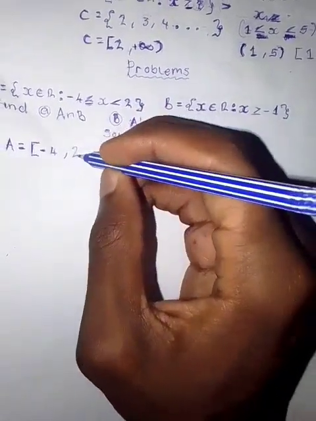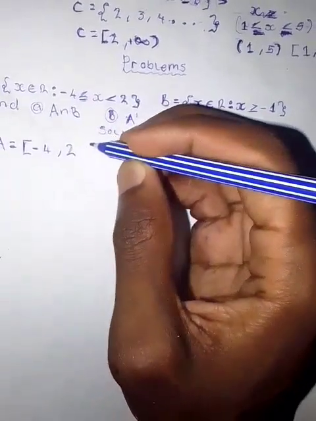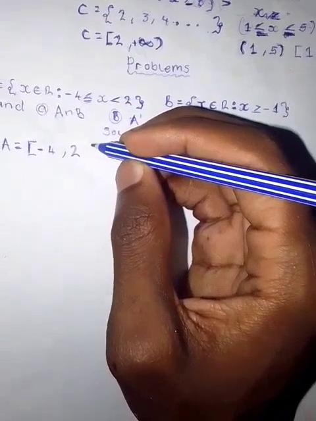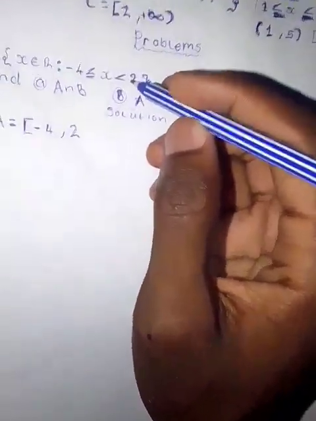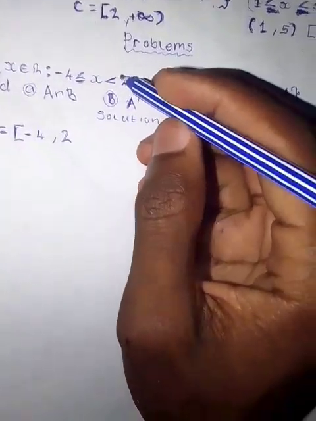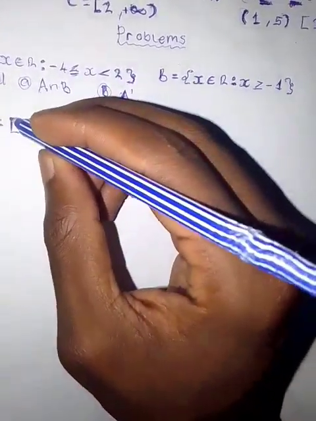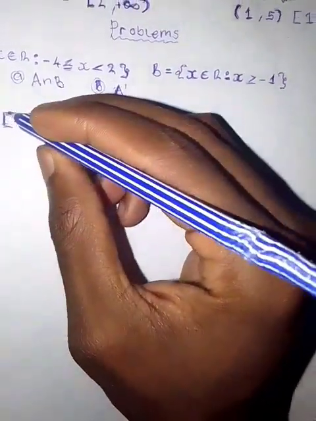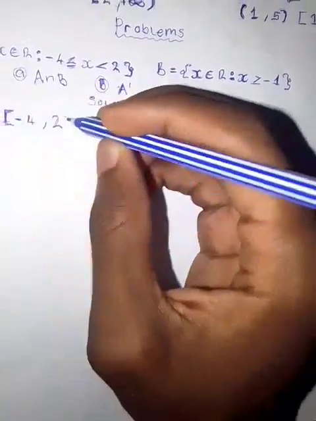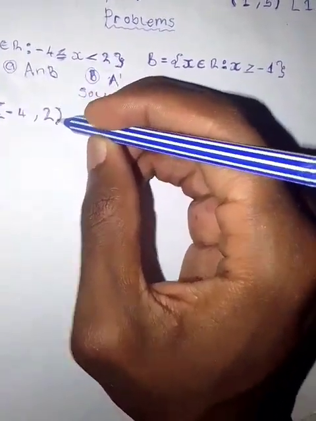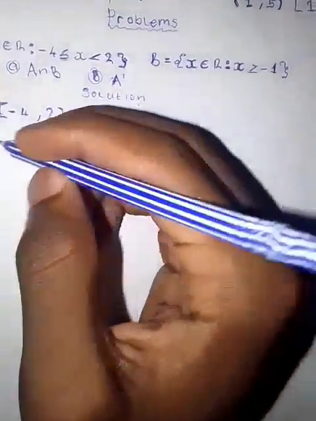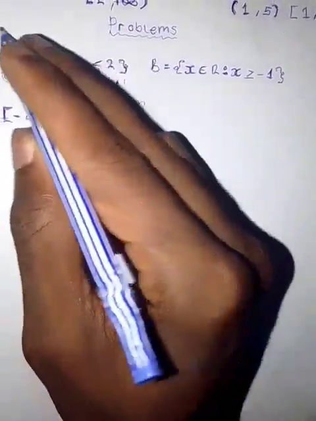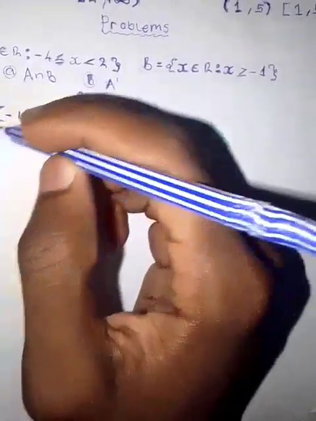Yes, you're going to write it, but what determines that it is not part of the set is the sign that you include on this side. Instead of a square bracket, we write a single parenthesis. So you have converted this from set builder notation.